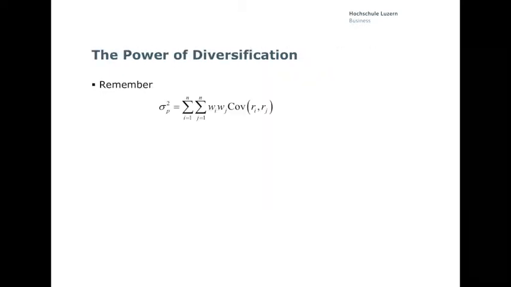The power of diversification. As introduced in the previous session, the concept of diversification is limited to systematic risk. Given the tools we have developed, we can reconsider this intuition and at the same time sharpen our insight regarding the power of diversification.